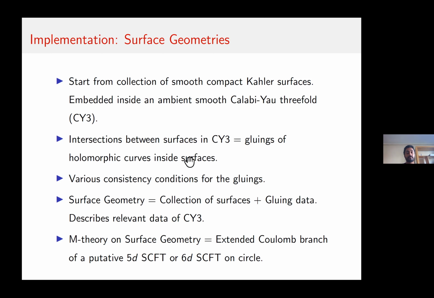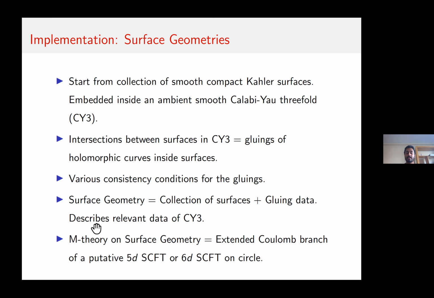So the intersections of these surfaces are encoded in data of gluings of holomorphic curves inside this collection of surfaces. Because you want to preserve the Calabi-Yau condition, and there are various other geometric conditions, this leads to many consistency conditions for what this gluing data can be. And it is very constrained by these conditions. So finally, if you provide a collection of surfaces and some gluing data which satisfies these consistency conditions, that is what we will refer to as a surface geometry in this talk.